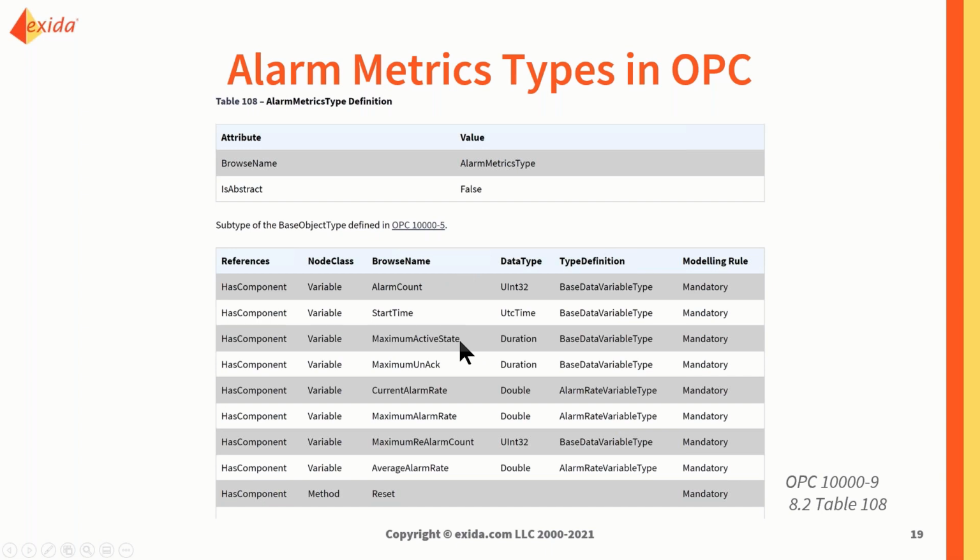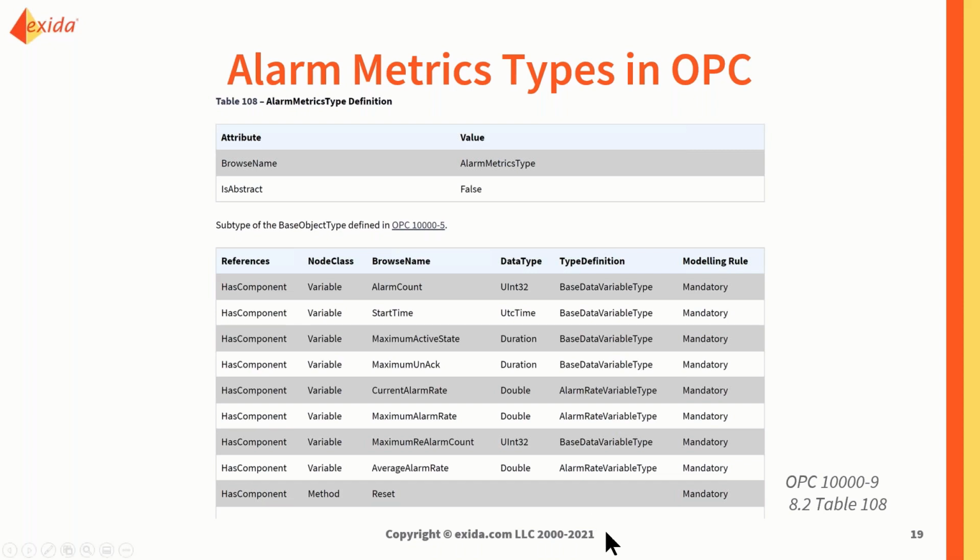A few of the very important items shown here would be the maximum active state. That refers to the maximum time for the alarm to be in the active state. If the alarm is active for a very, very long time, that means there is something wrong with the alarm. Either the operator doesn't do anything to help with the situation, or the alarm is something the operator can't do anything to clear out.